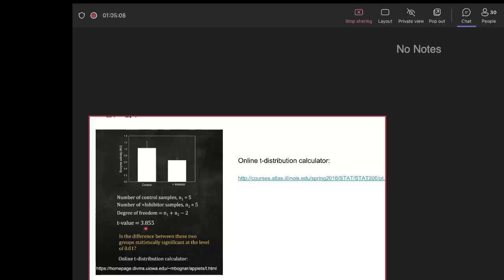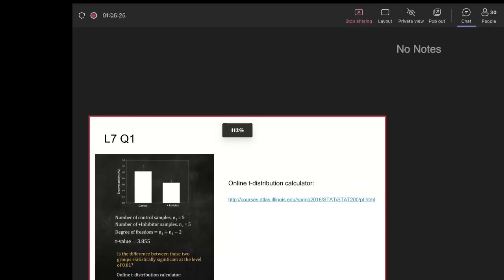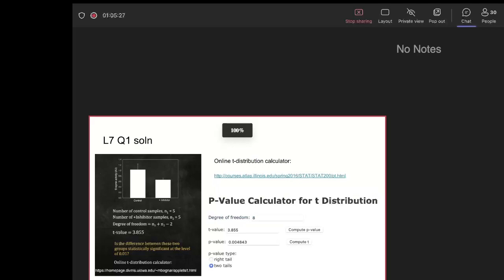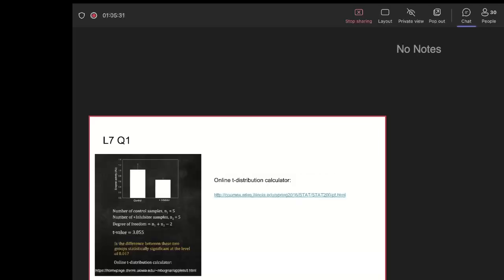Now we have to find out, if we get this t-value, whether the difference between these two groups is significant or not. So you can use an online t-distribution calculator, or you can also use a log table. So you can try it for yourself.